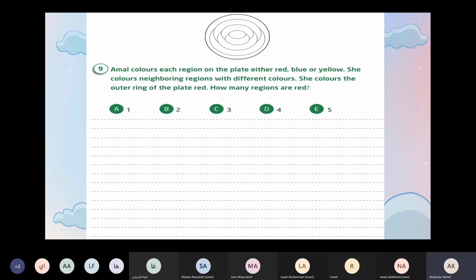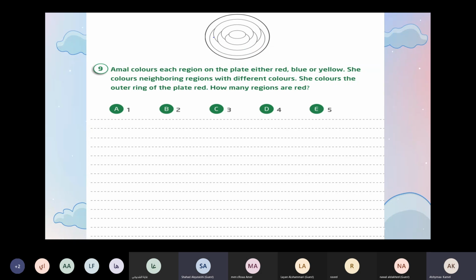Shahad, read number 9. And let's understand it while we read it. Amal colors the regions on the plate either red. Region here means the spaces. This is spaces, this part. This means region. On the plate, either with red, blue, or yellow. How many colors do we have? Three.